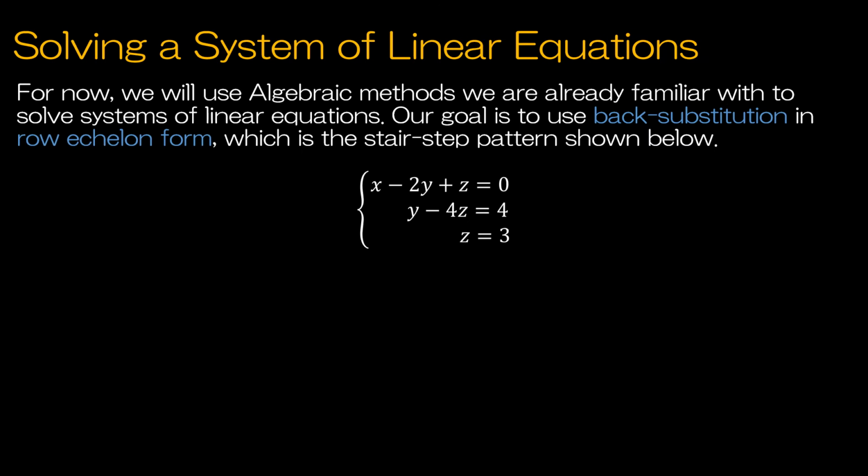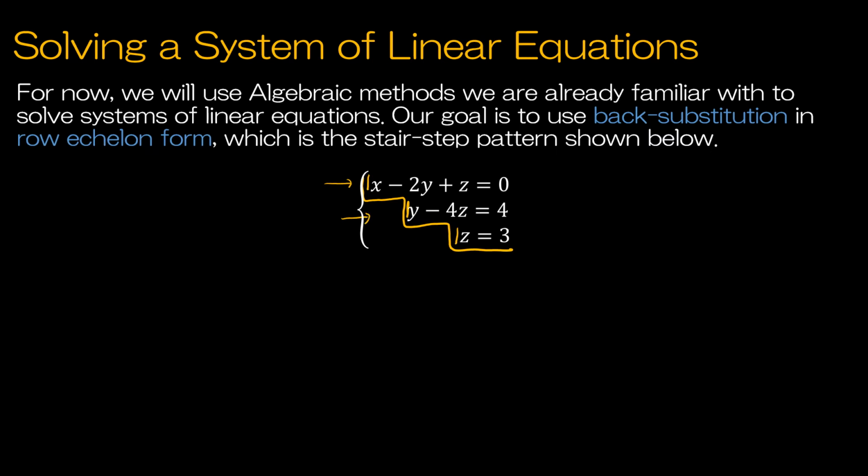Right now, we are going to fall back on those methods using back substitution in something called row echelon form. So row echelon form is something you're going to hear quite often. In row echelon form, you're going to have this stair-step pattern where the leading coefficient, or the first coefficient in each line, is a 1. And the first or top equation has the most variables.